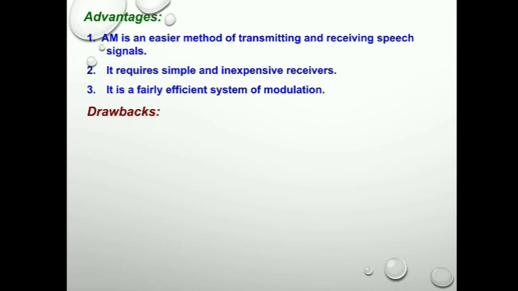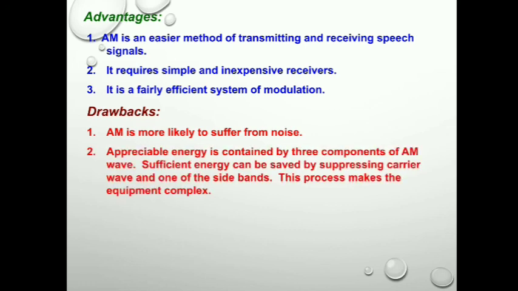Amplitude modulation is more likely to suffer from noise, that is, environmental noise. The second one: appreciable energy is contained in the three components of the AM wave, and sufficient energy can be saved by suppressing the carrier wave and one of the sidebands. This process makes the equipment complex.